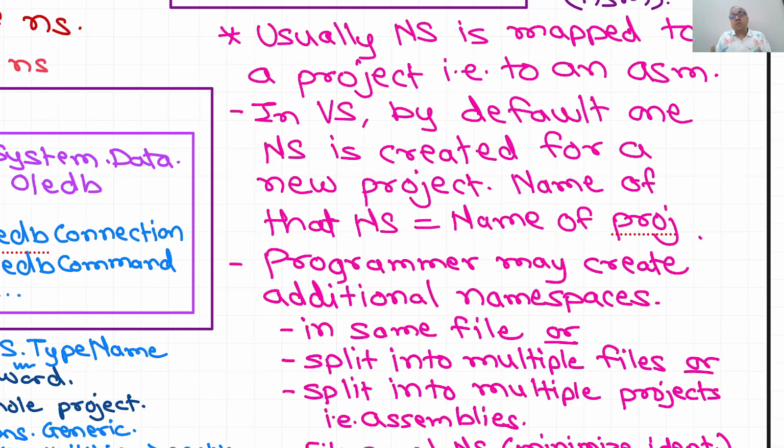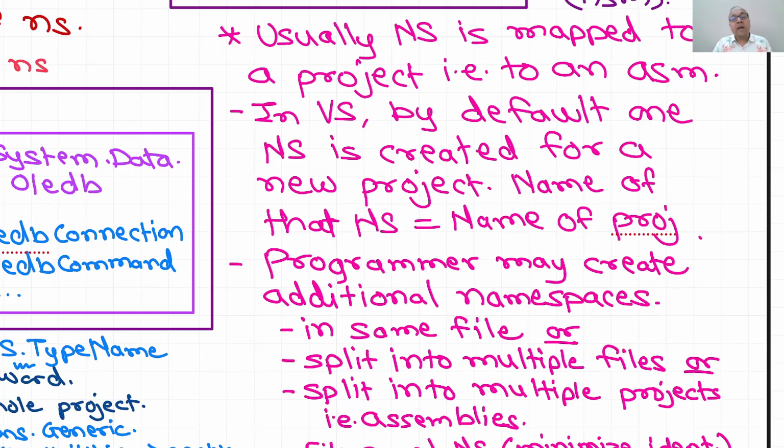What if in future I want to create a new class library which contains some trigonometric calculations? In that new class library, in a separate project, that is a separate assembly, a separate DLL file, I can continue to use the same namespace mathlib. And then those trigonometry related classes will be part of the same namespace.